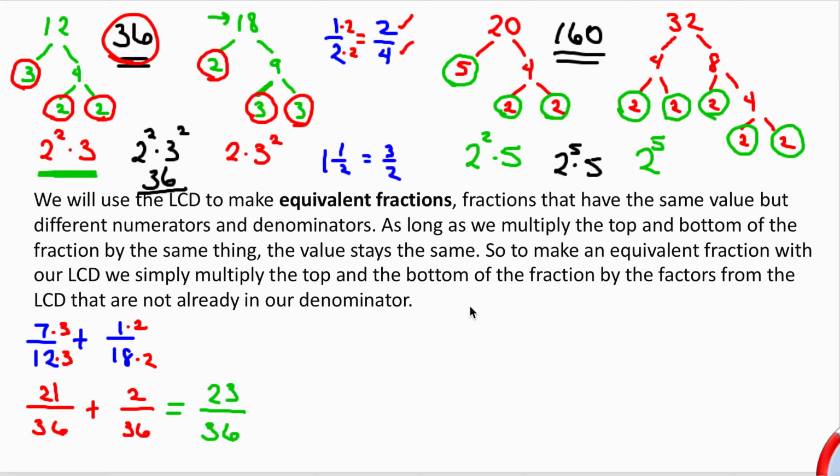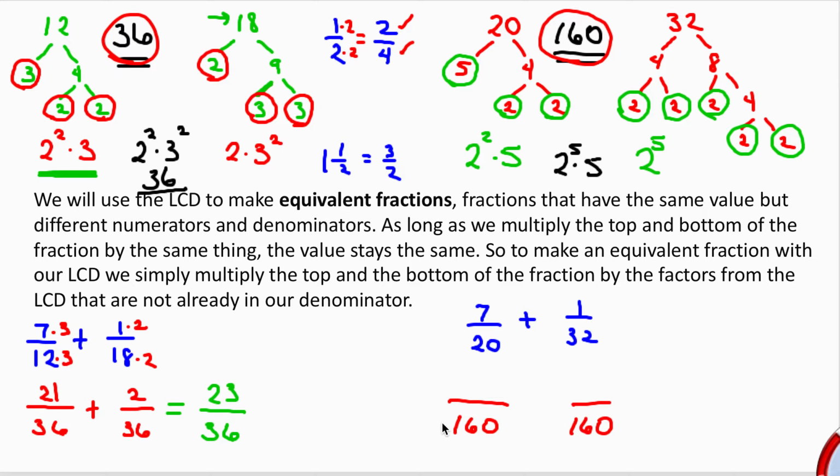Okay, let's do the same thing over here. Let's just say we had the same numerators, and let's say it was 7/20 plus 1/32. Okay, if I'm adding fractions, I need the denominator to be the same, and we have found this denominator to be 160. So that means both of these fractions are going to have a denominator of 160.